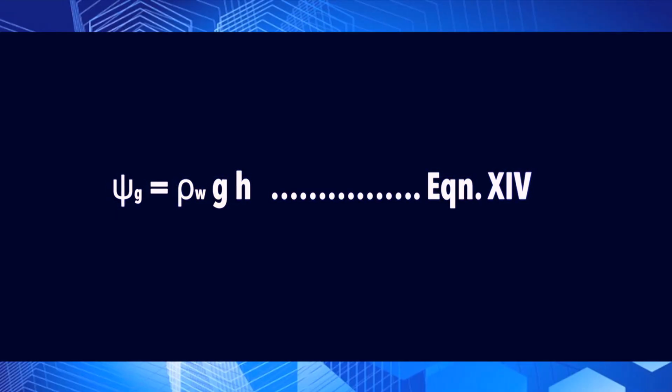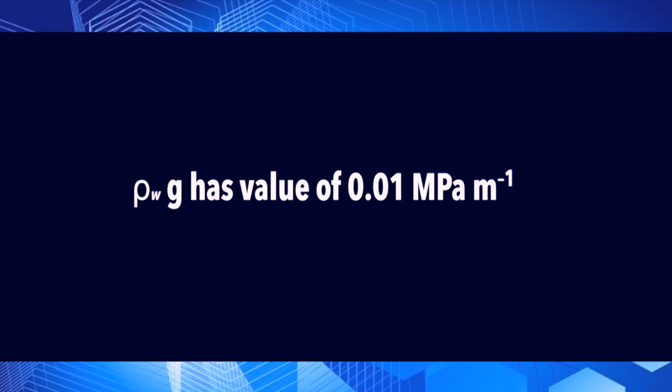Mathematically, it can be written like this: psi g is equal to rho w into g into h, where psi g indicates gravity potential, rho w indicates the density of water, g the force of gravity, and h is the height. Now, putting the values of rho w and g, we can get a value of 0.01 megapascals per meter.